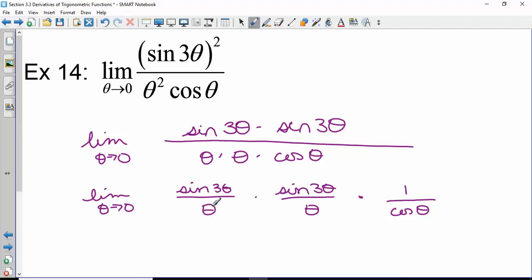So for the first one to work, what do we need? A 3 on the bottom, so that means we have to put a 3 on the top somewhere. I'll just do it on my last one. Okay, so this first one's good. What does the second one need? A 3 on the bottom, so I need another 3 on the top.